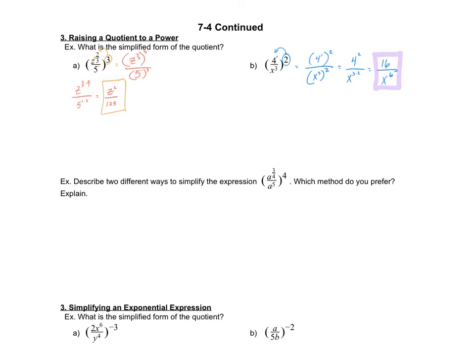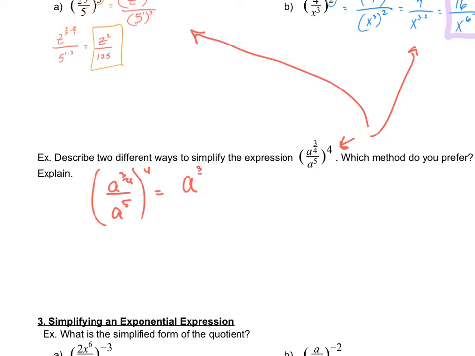So describe 2 different ways to simplify this expression with this quotient. Now, we could do it this way. The way we just did, we can go ahead and distribute first. So we would have a to the 3/4 over a to the 5th raised to the 4th power, and that would equal a to the 3/4 times 4 over a to the 5th times 4, because this goes to all of the information on the inside.